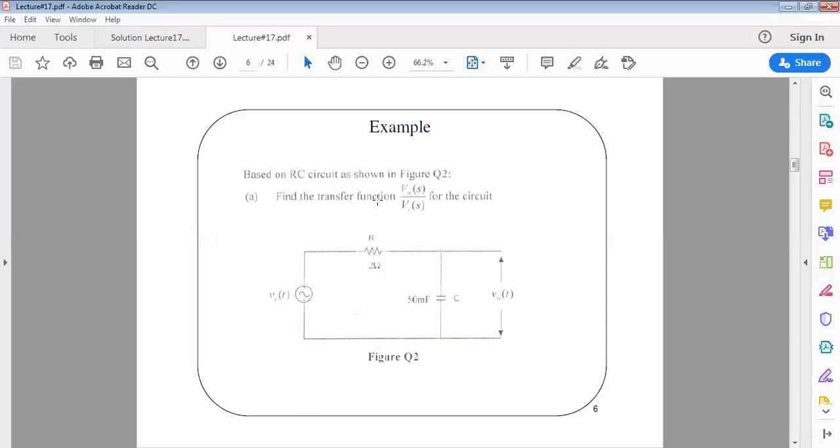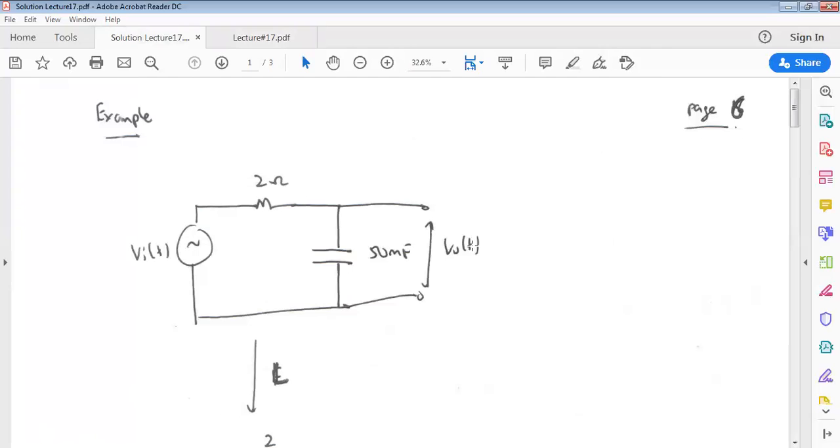The transfer function should be in Laplace transform, which is V naught S over VIS. So V naught S is the output voltage across the capacitor over the input voltage VIS. So how to calculate the transfer function for this example? Let's have a look at the solution. What we have to do is transform the circuit into the S domain.